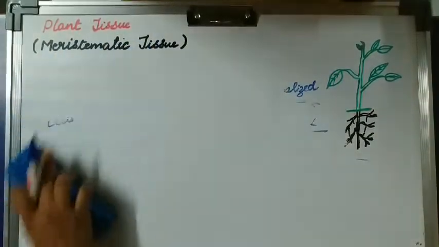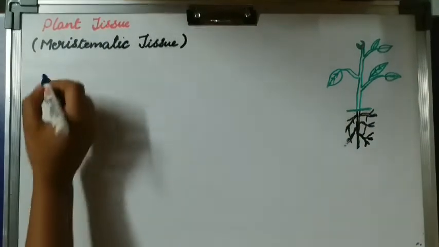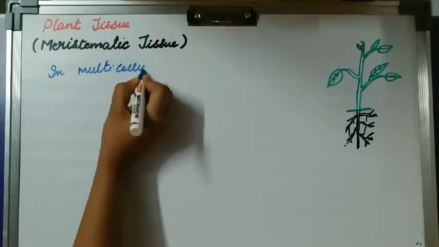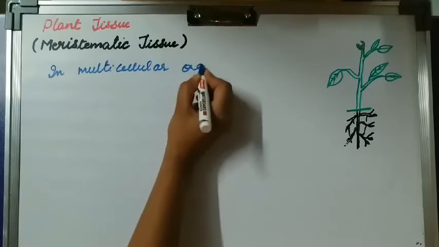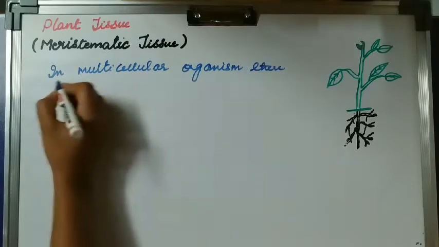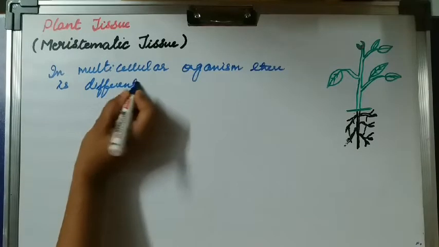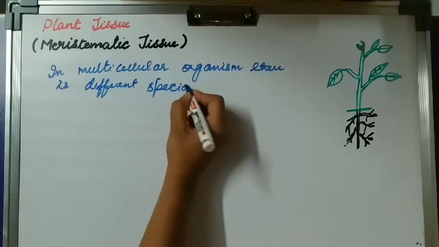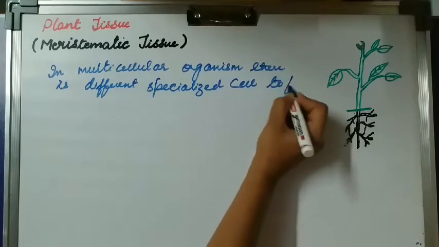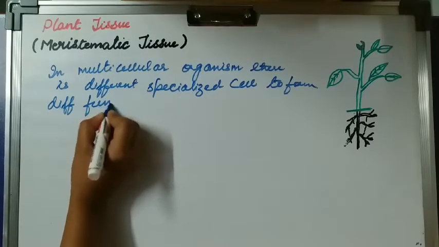Now we will see what is this division of labor. In multicellular organisms, there are different specialized cells. Till now it might be clear to you. Specialized cells to perform different functions.